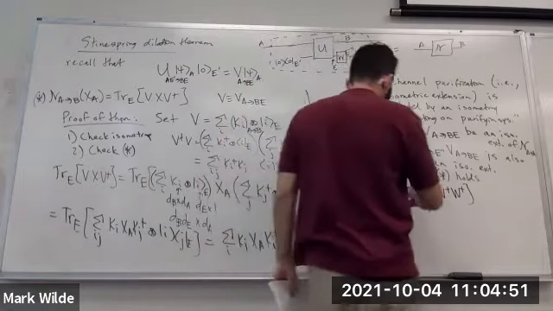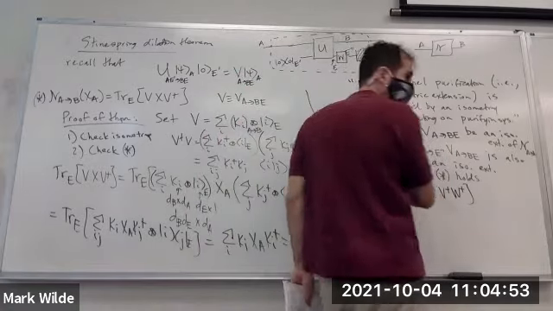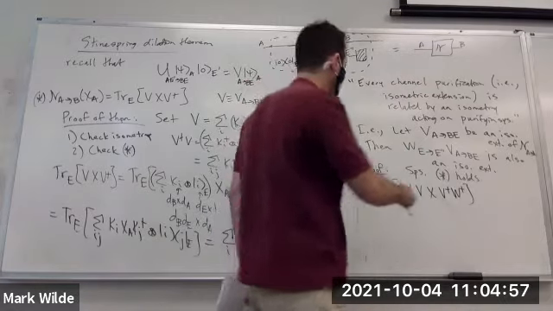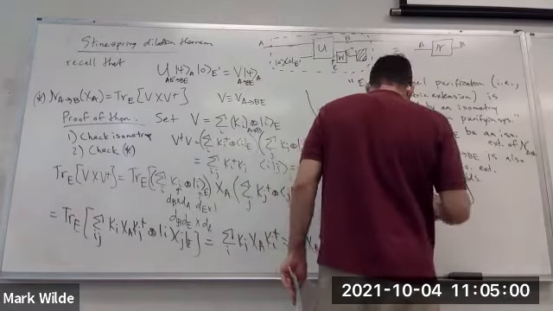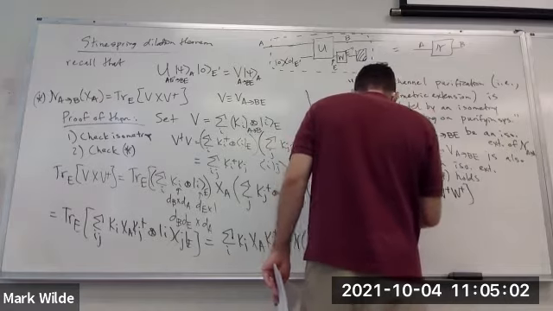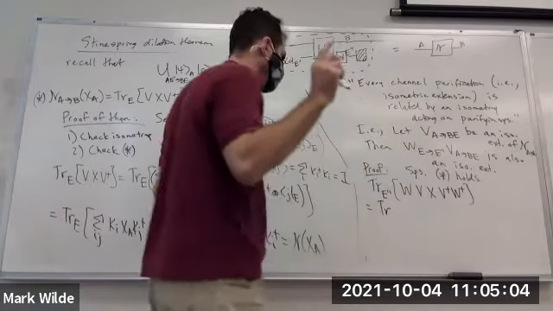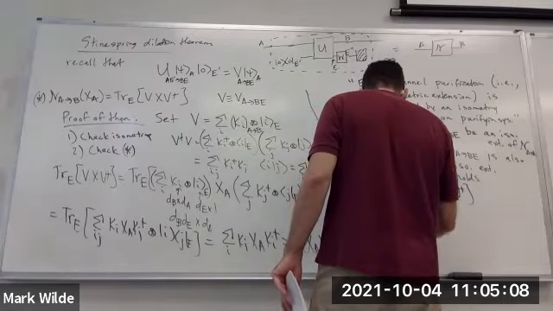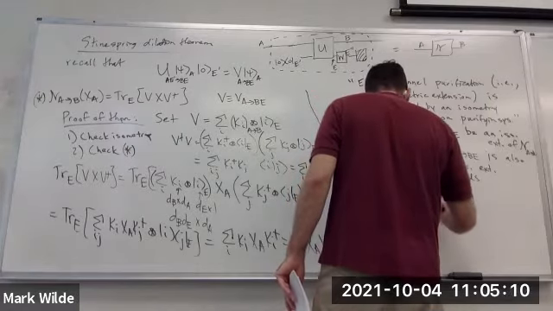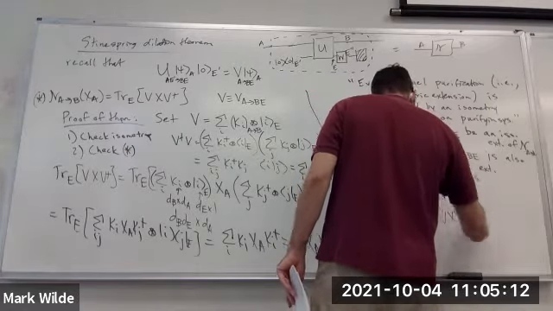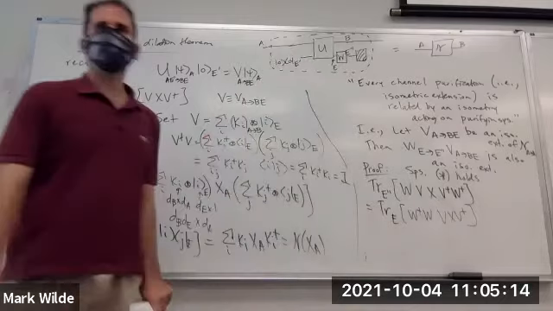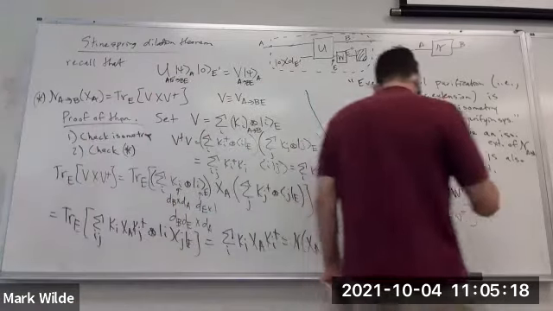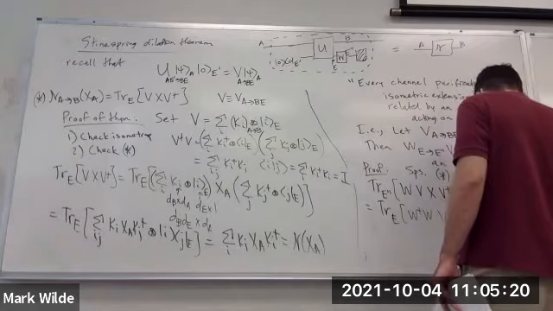And so there's an implicit tensor of W with identity on system B. Okay? And so we can wrap this around. When we do so, the partial trace over E double prime becomes a partial trace over E. And by assumption, W is an isometry, so W dagger W is identity.